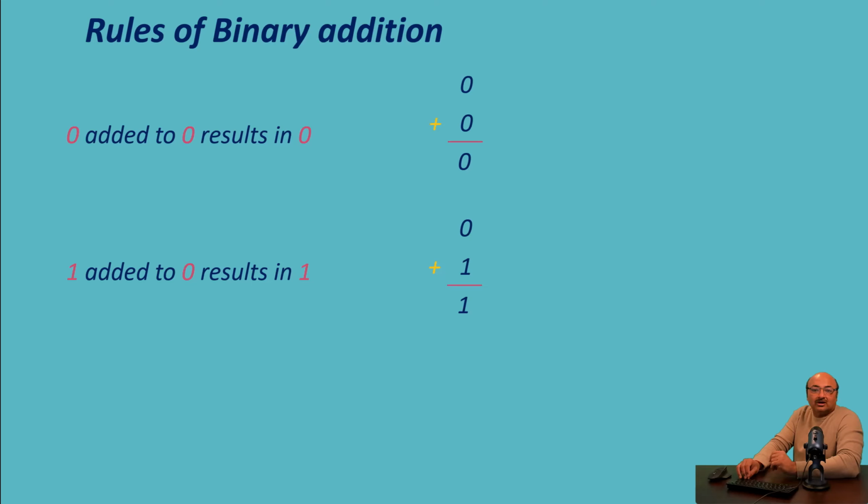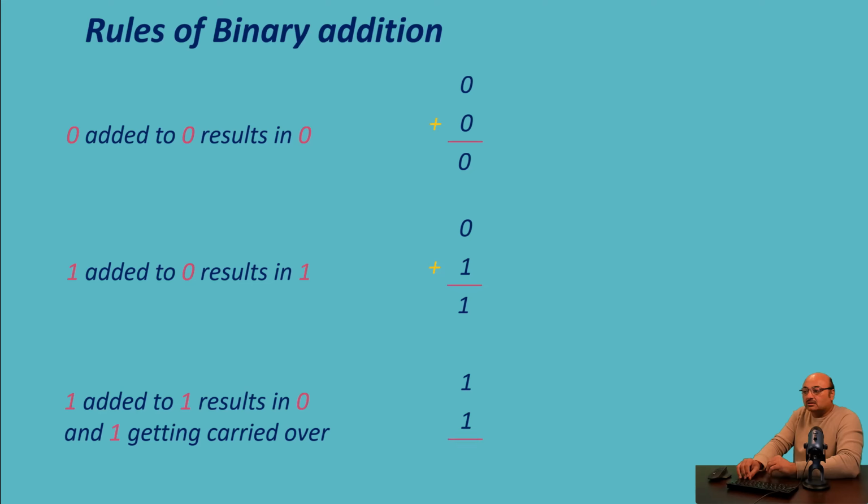When you add 1 to 1 in decimal, you will get the number 2. Whereas in binary, when you add 1 to 1, it results in the binary number 10. The way it works is 1 and 1 gives you 0 and 1 gets carried over.